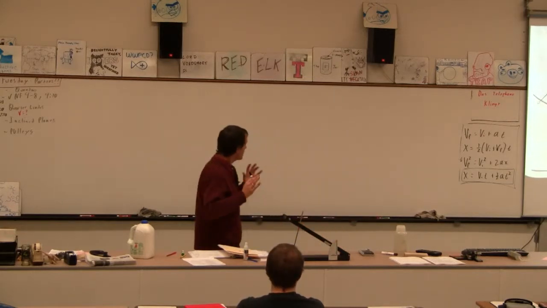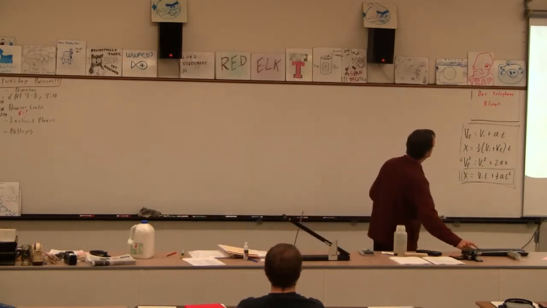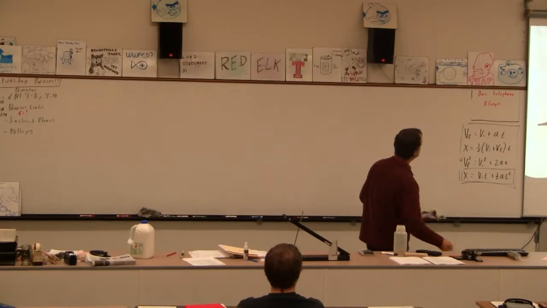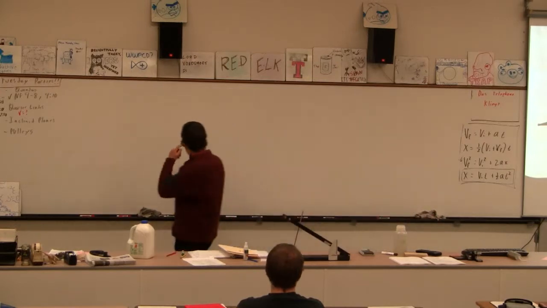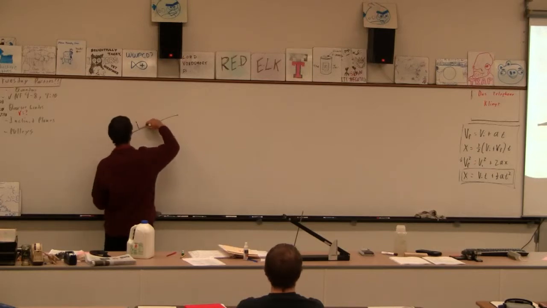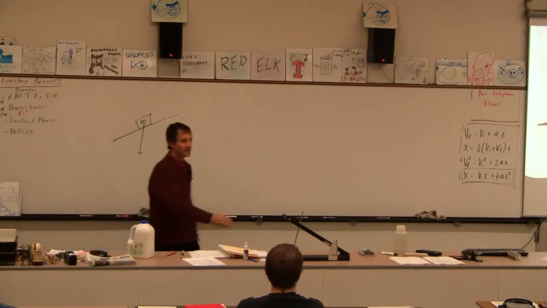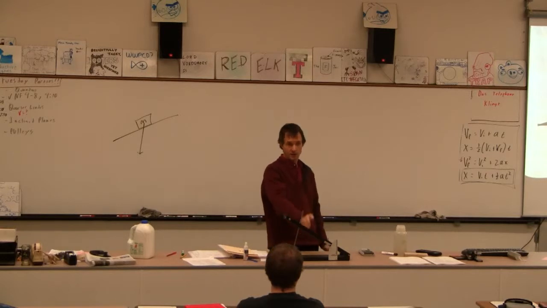Okay, so concept 1 with an inclined plane is that gravity acts straight down. So if we've got some object on an inclined plane like this with a mass of m, gravity is going to act straight down, and straight down is very inconvenient, because the object can't accelerate straight down.